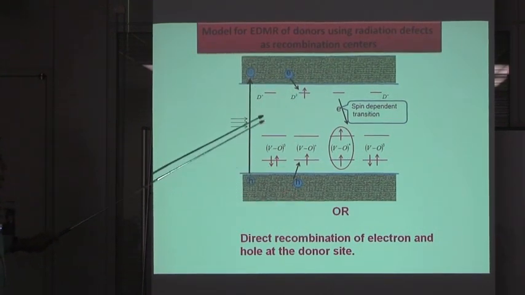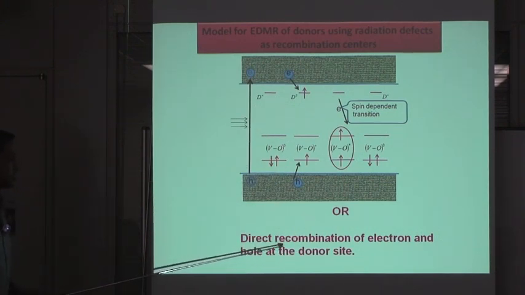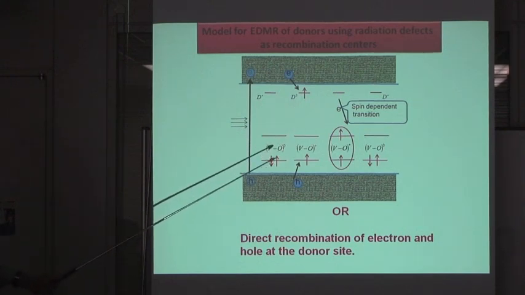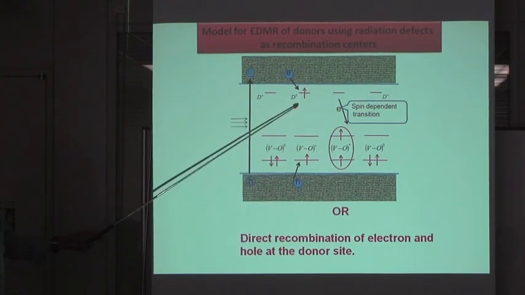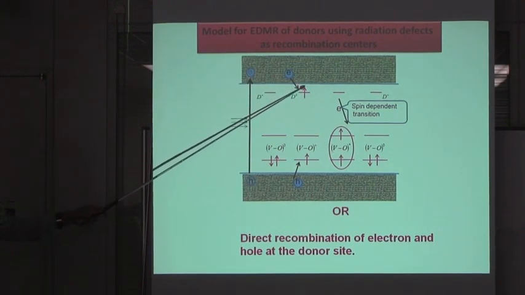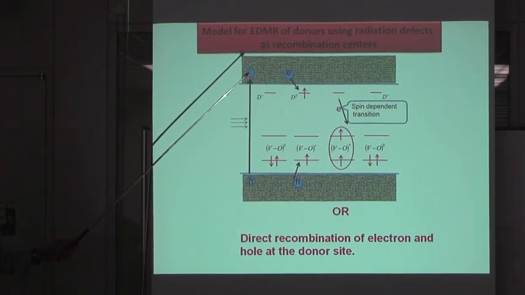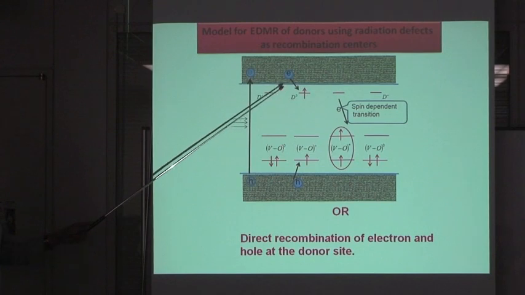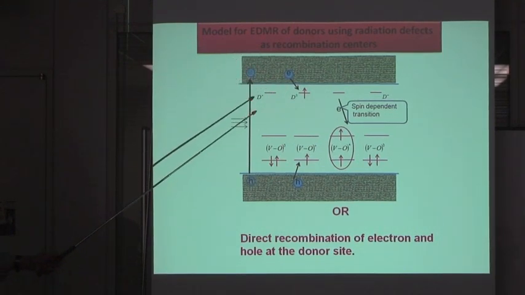But this direct recombination is limited by the capture cross section of holes by the donor sites, which is not very high. So I don't know exactly what the contribution of this direct recombination to the EDMR signal is.